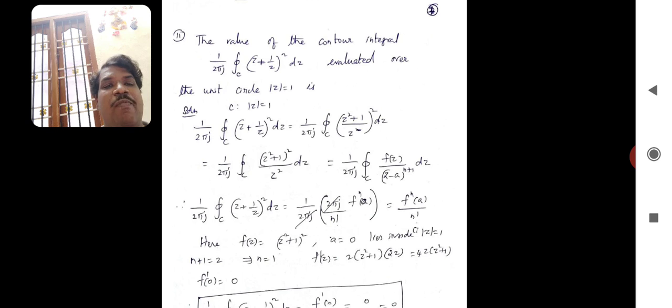Now we can see 1 by 2 pi j and 2 pi j gets cancelled. So we are left with the nth derivative of f at the point a divided by n factorial. So it is given f of z is z square plus 1 the whole square.